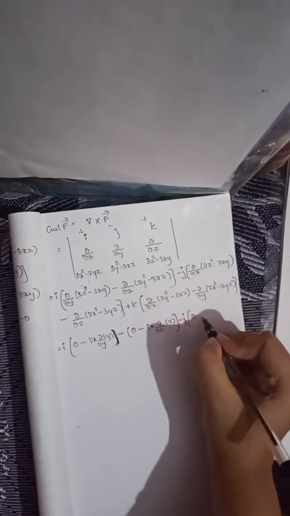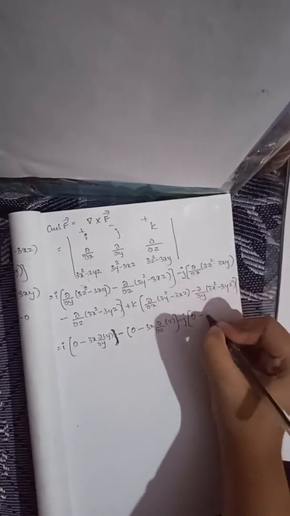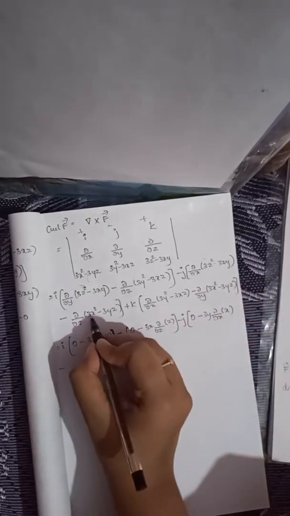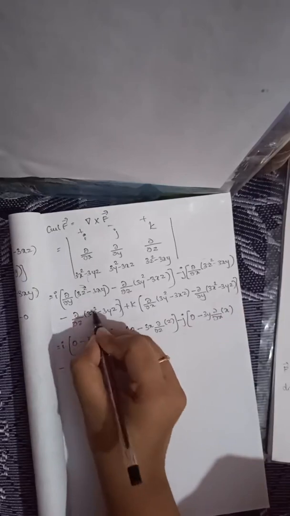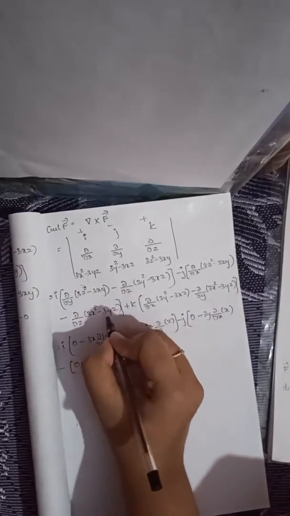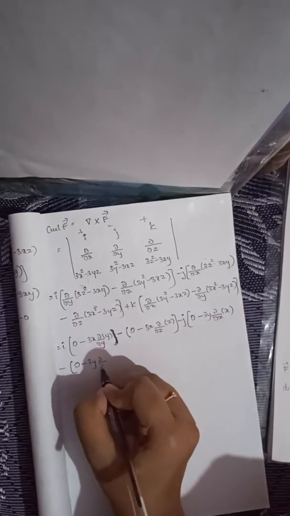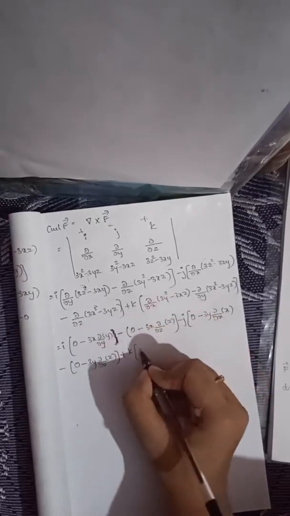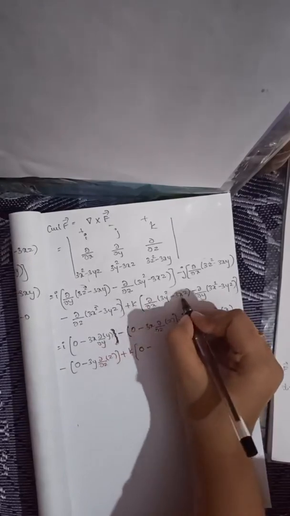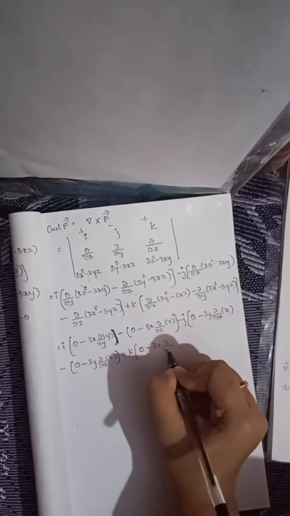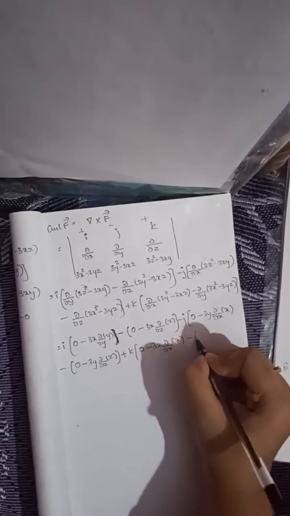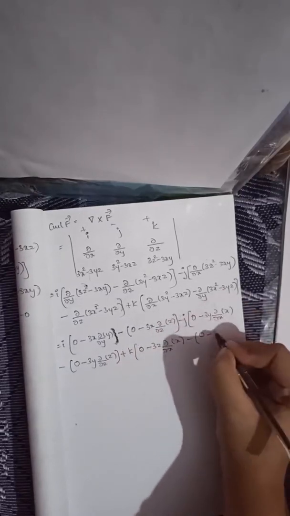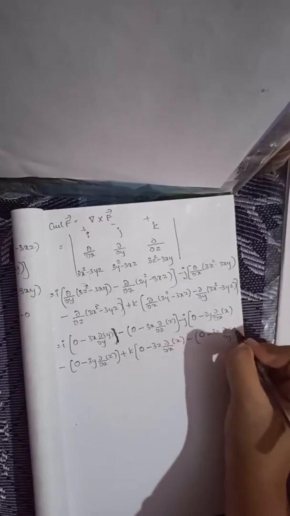First here there is no x, so 0 minus, here there is x, so 3y will be out, ∂/∂x of only x, minus, here also with respect to z there is no z term, 0 minus, here there is z, so 3y will be out, ∂/∂z of z. Plus k into, here first term there is no x, so 0 minus, here there is x, so 3z will be out, ∂/∂x of only x, minus, here no y term, 0, here there is only one term y, so 3z will be out, ∂/∂y of y.